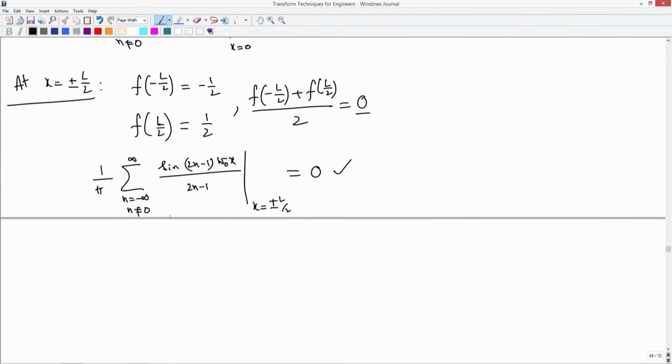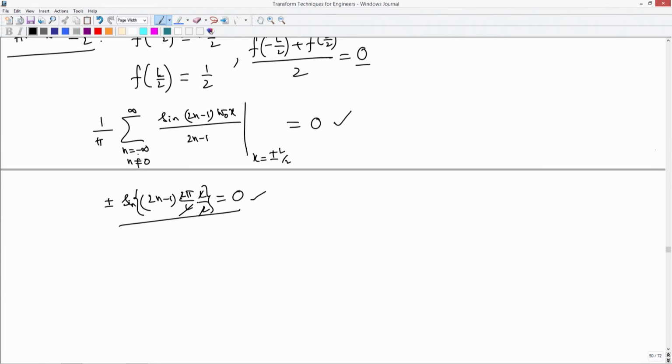Is it really true? If you look at the term sine of (2n minus 1) 2 pi by L x at x equal to plus or minus L by 2, the plus or minus comes out of the sine. So the 2 goes and you get pi times this, which is 0. We know this is true, and n is never 0, so for every non-zero n, running from minus infinity, the denominator is never 0 and the numerator is 0.